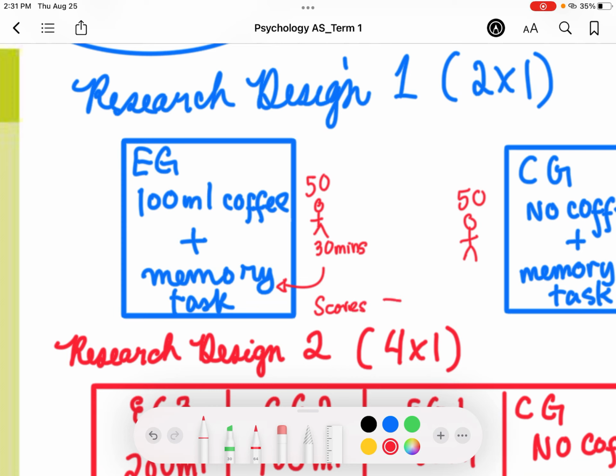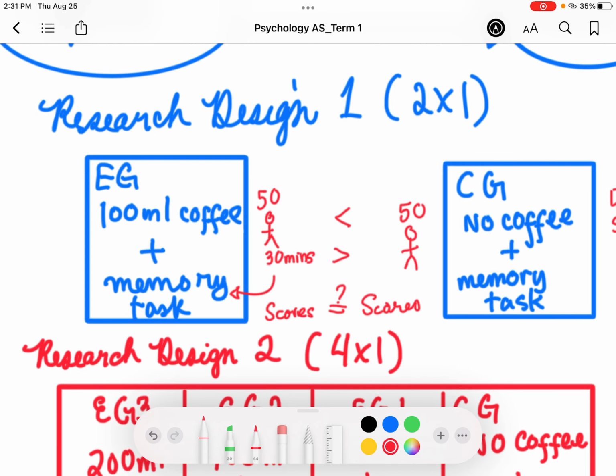So for example, are the scores in this group the same as the scores in the other group? If they are the same, then coffee does not affect memory. If the effect is this, then coffee improves memory. If the results are this, then coffee decreases or negatively impacts or impedes memory, right?